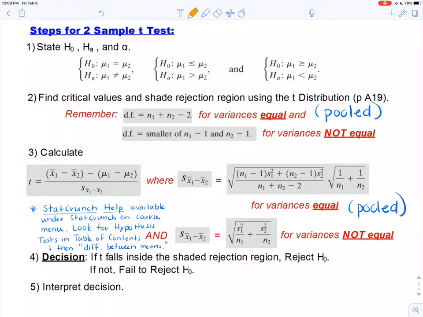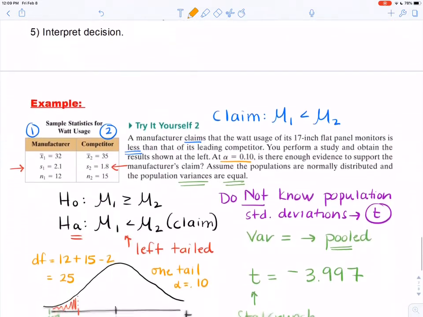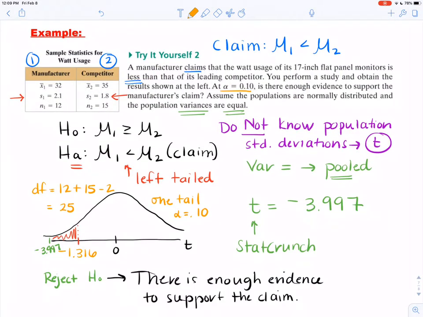Now, beyond that, this is going to look like any other hypothesis test. So again, the main differences from one test to another are how we get the rejection region and critical values, and how we calculate the standardized test statistic. So from here, I walked you through 2 examples, and you'll notice when it came time to calculate that standardized test statistic, especially in a case where the variances are equal, I went and pulled this straight from StatCrunch.